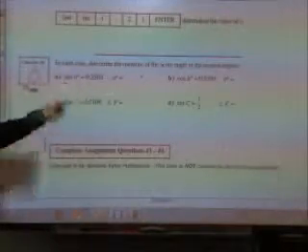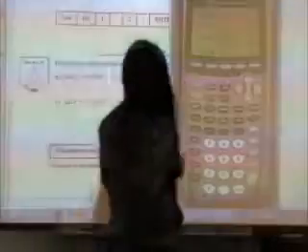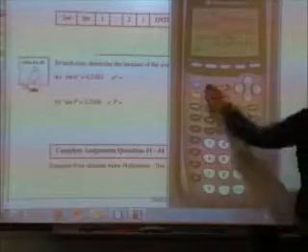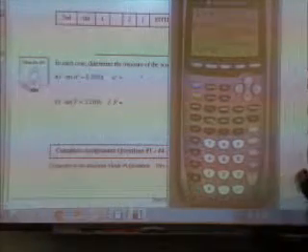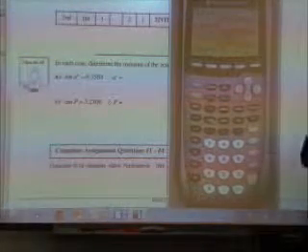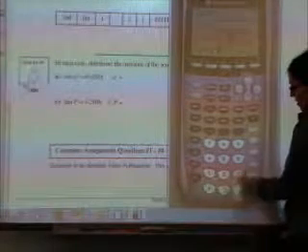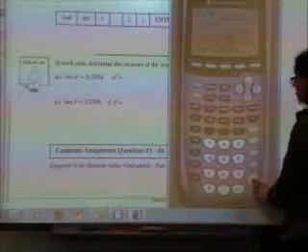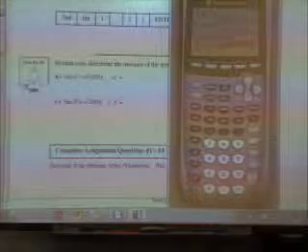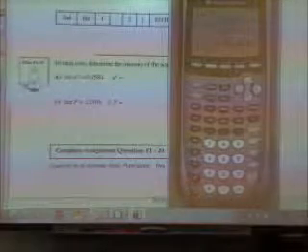So if I have sine A equals 0.3584, to get angle A, I would sine inverse 0.3584, and to the nearest degree that would be 21.